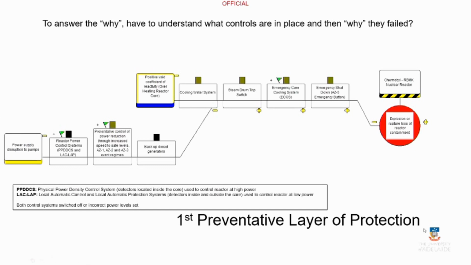As you see here, the threat line starts with the overheating of the reactor, what we call a positive void coefficient of reactivity, which is caused by losing your cooling medium or your cooling medium turning to steam, creating a void, which then loses the heat transfer capacity of that fluid around the core, causing the core to overheat, which was the case with the inherent design of RBMK reactors.